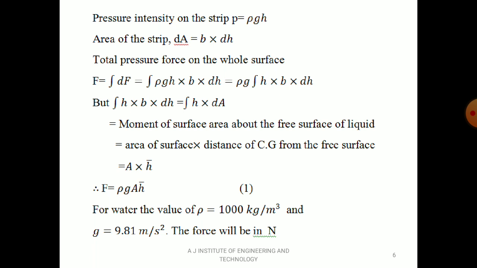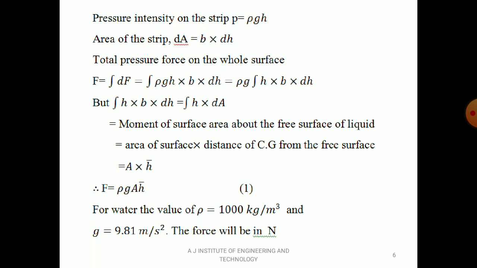Now integration h into dA is actually the moment of surface area about the free surface of liquid. We considered the small area dA at a distance h from the free surface, or from OO. So integration h into dA is the moment of the surface area about the free surface of the liquid. So it is at a distance h.